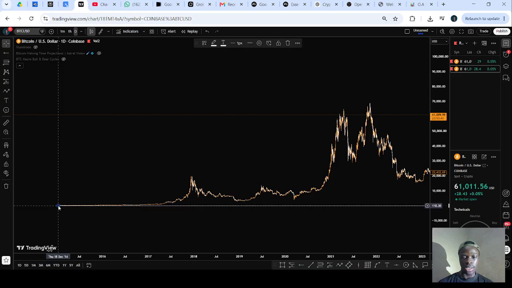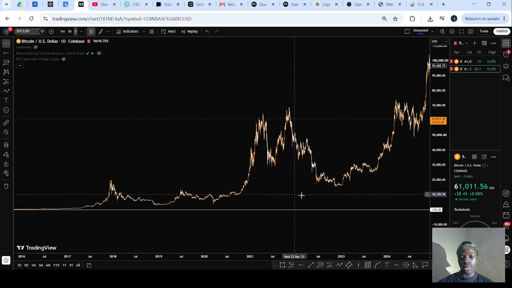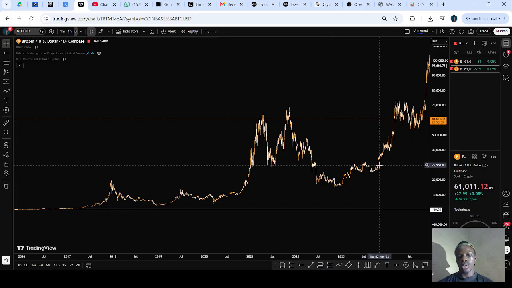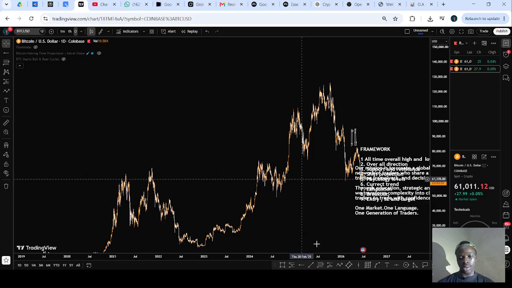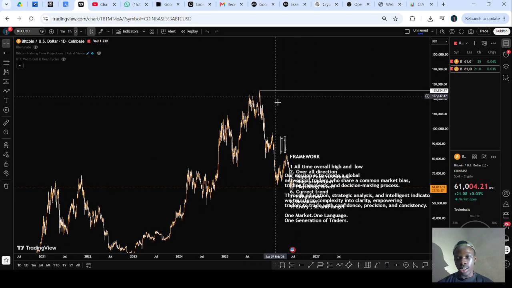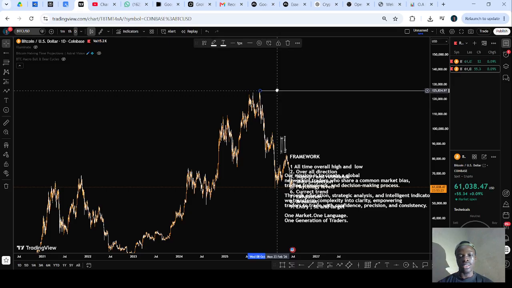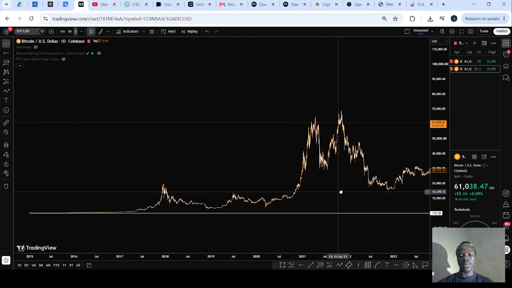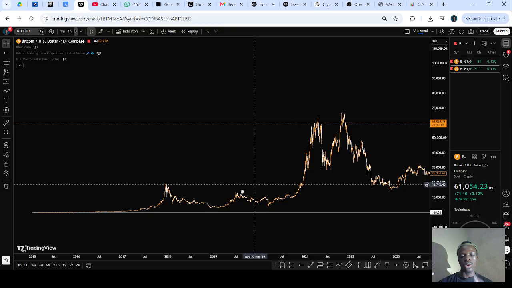The lowest point is around 110, 100 and something, and this is the highest point that the price has been to, which is around 125,000.